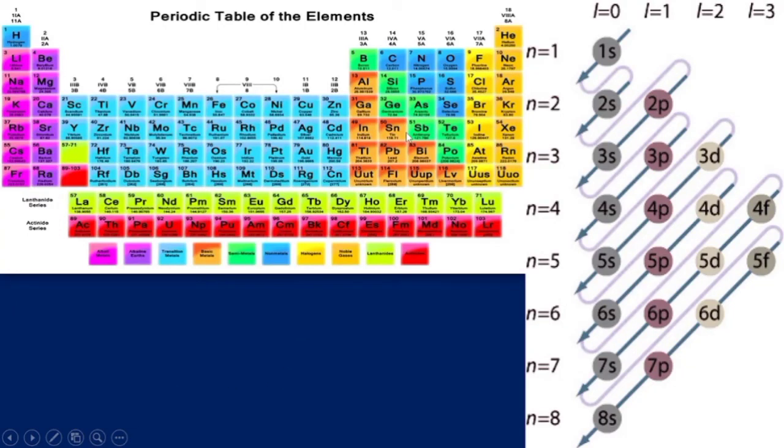Another example, last example, we have chromium, which has a number of electrons equivalent to 24.